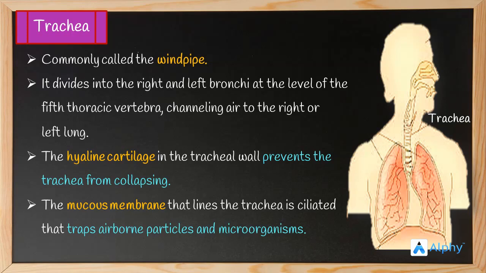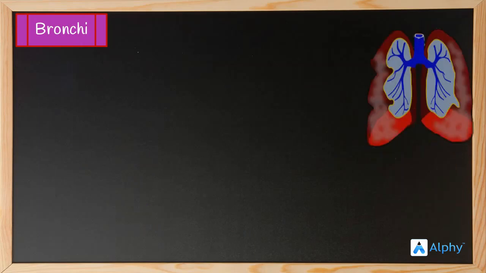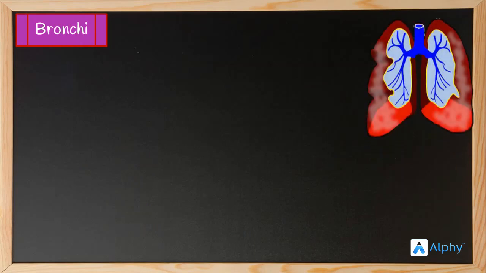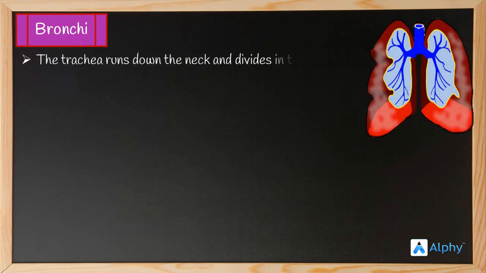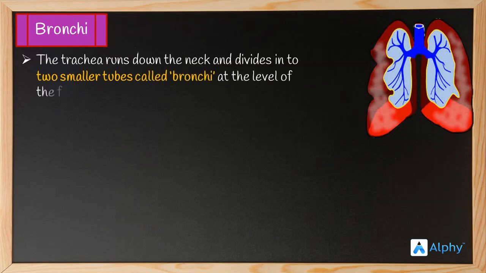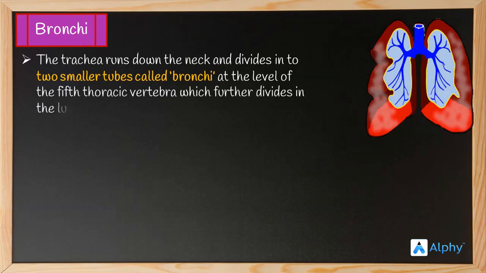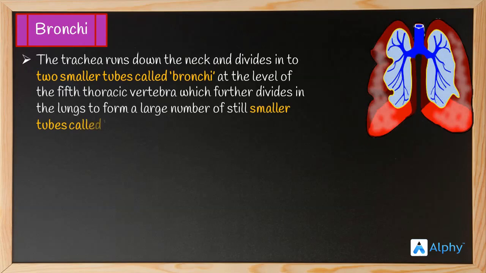Okay. Now moving to our next part in line, which is the bronchi. You all know that our trachea runs down the neck and divides at the level of the fifth thoracic vertebra into two smaller tubes called bronchi, right? Now, these bronchi further divide in the lungs to form a large number of still smaller tubes called bronchioles.